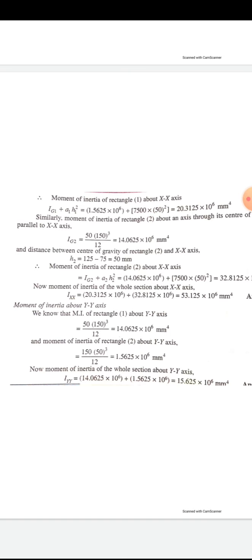Okay, I will find the Ixx and Iyy. I denotes moment of inertia, capital I. Ixx means x axis, Iyy means y axis.